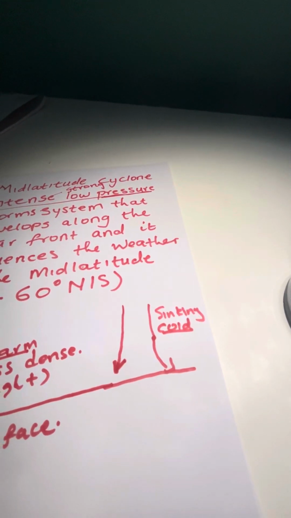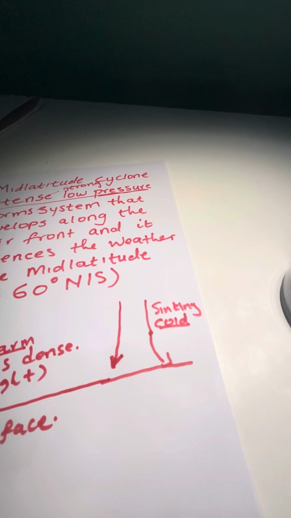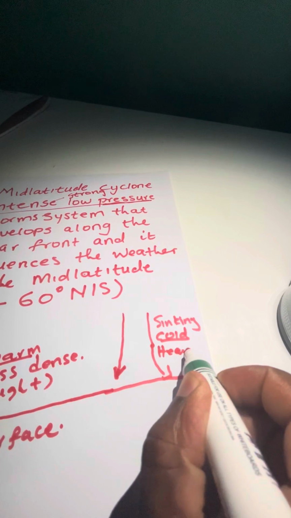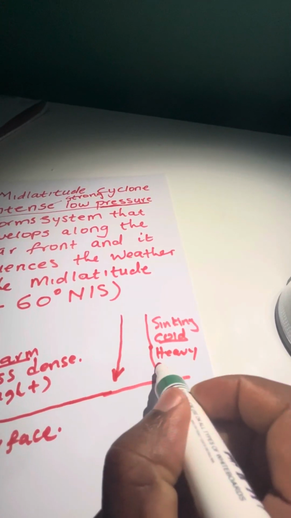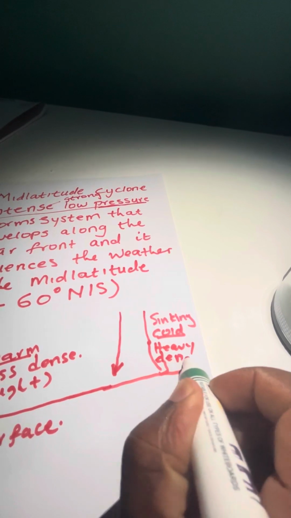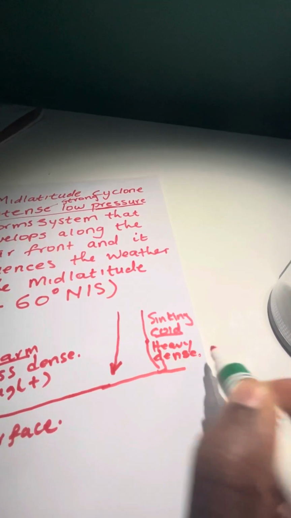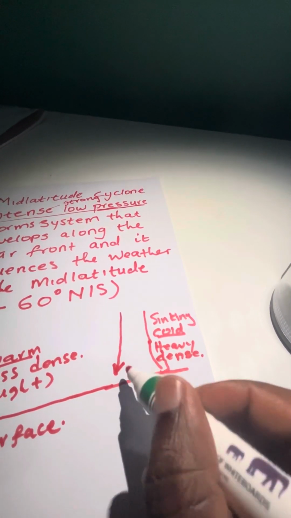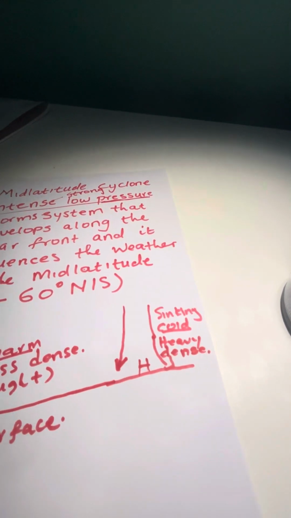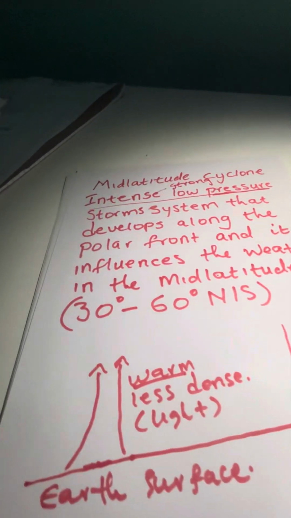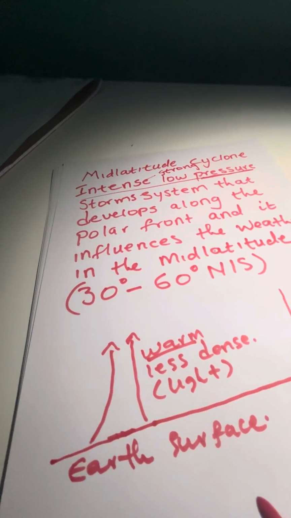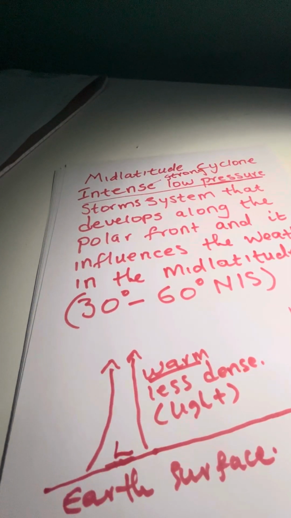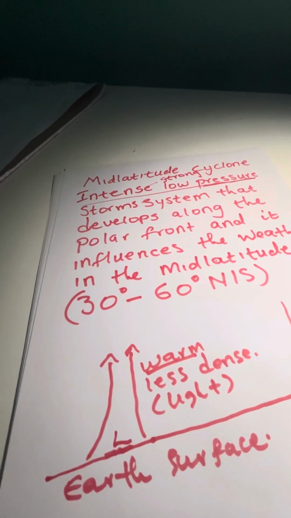The air mass that sinks is cold air, which means that it's heavy, or dense. It's heavy, therefore it will be forced to sink and form high pressure on the Earth's surface. Whereas warm air rises to form low pressure on Earth's surface.